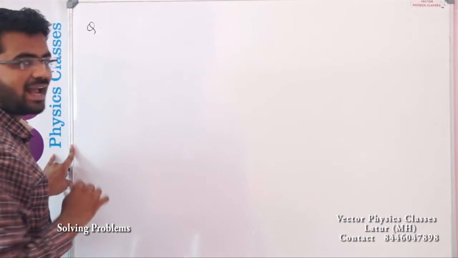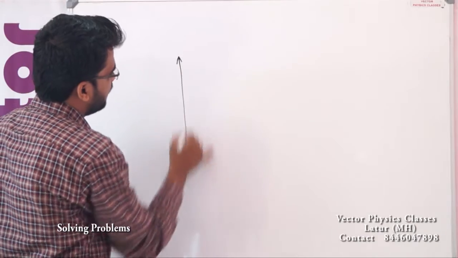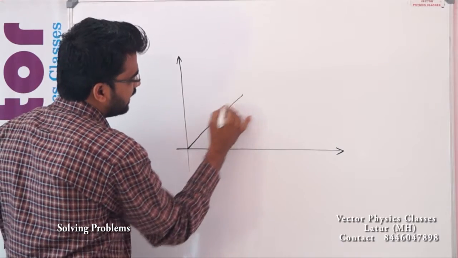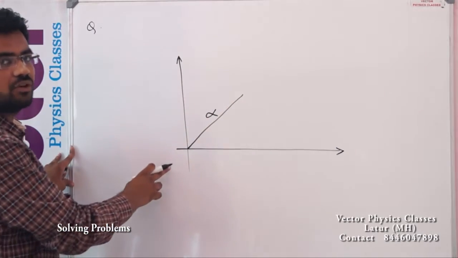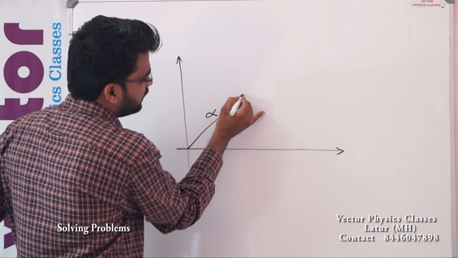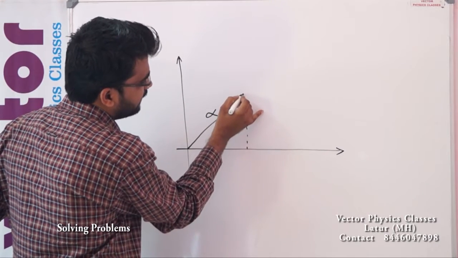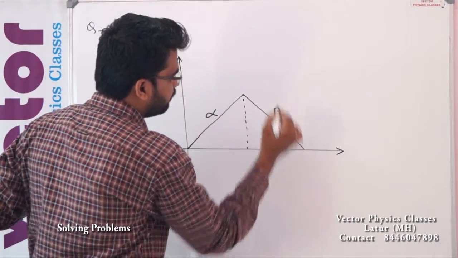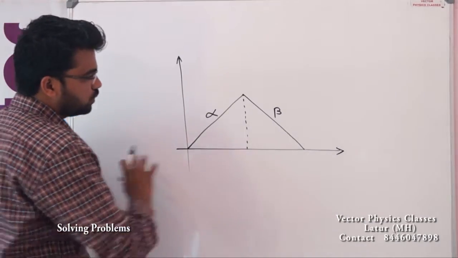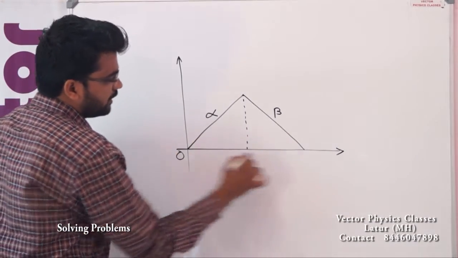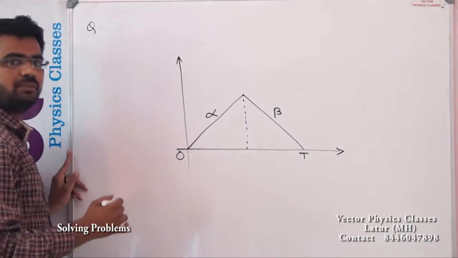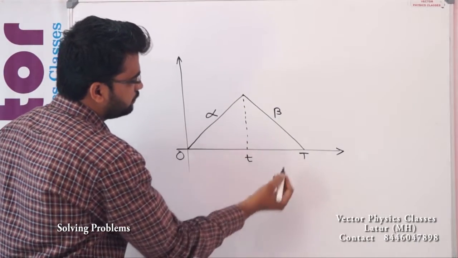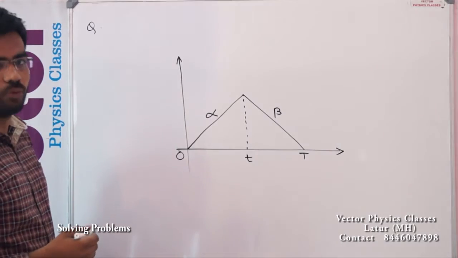If a car accelerates with an acceleration alpha starting from rest, and then again it decelerates with a deceleration beta, the total time elapsed in this is capital T, and the time for which it accelerates, let us suppose that time is small t, right?